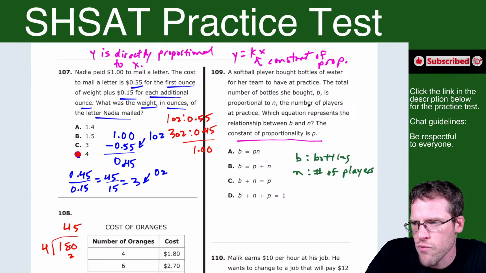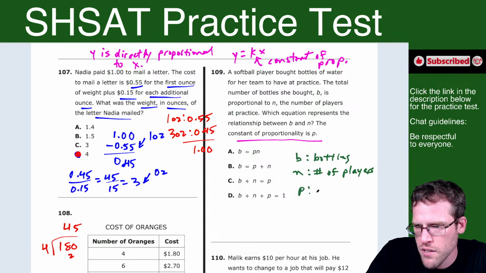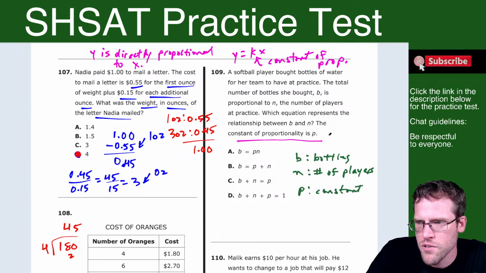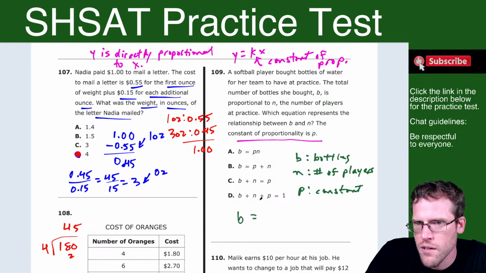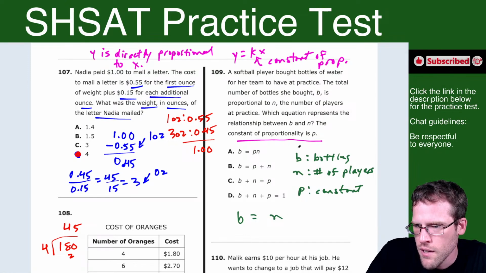And the constant of proportionality is P. So B is directly proportional to the number of players N, and P is the constant of proportionality. So B equals P times N, and A is definitely it.